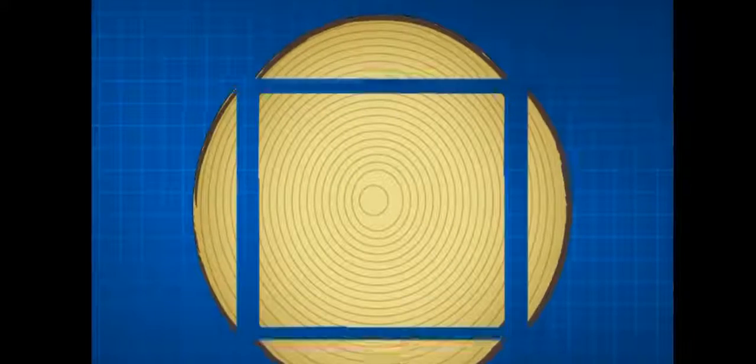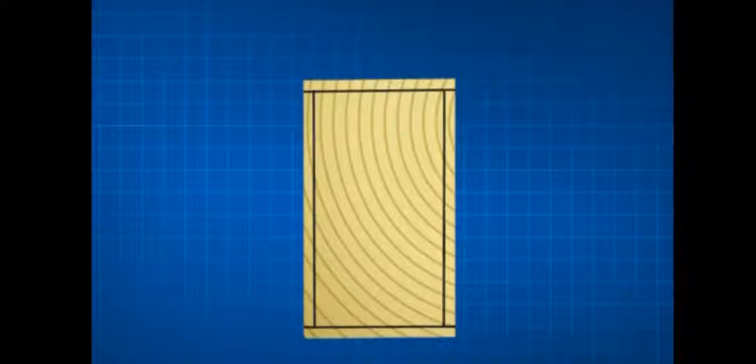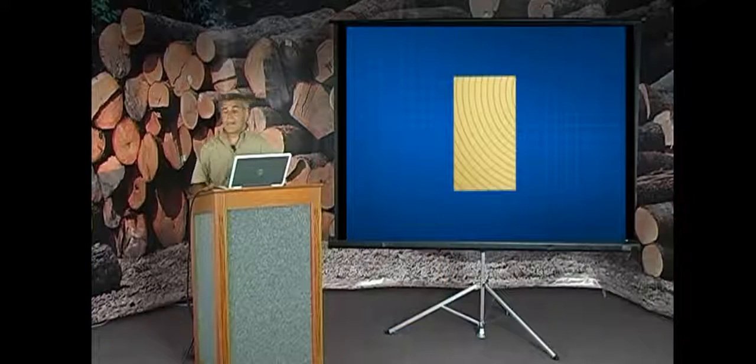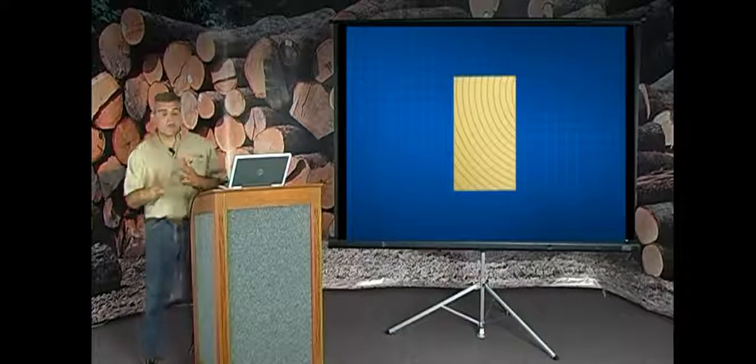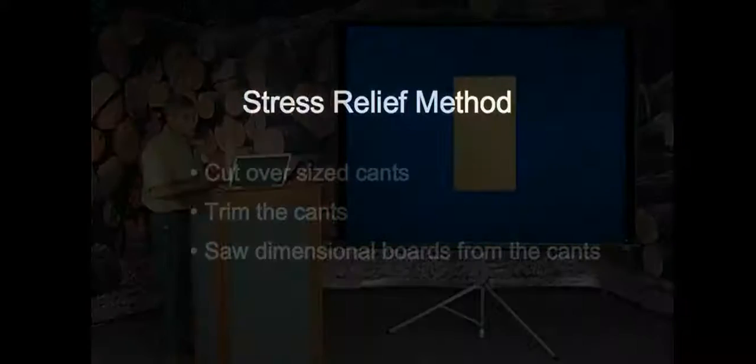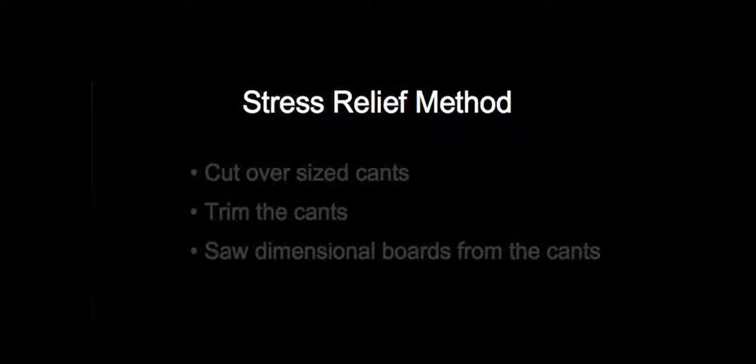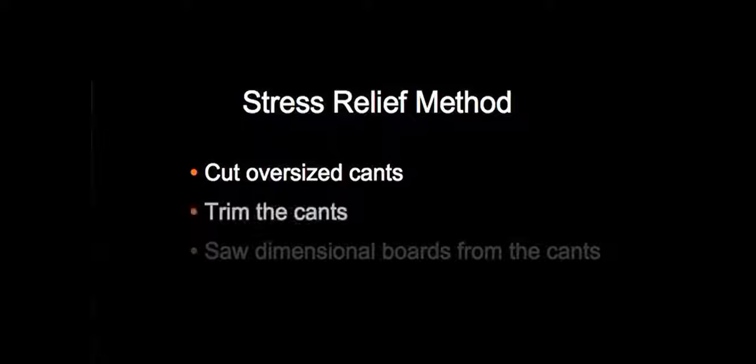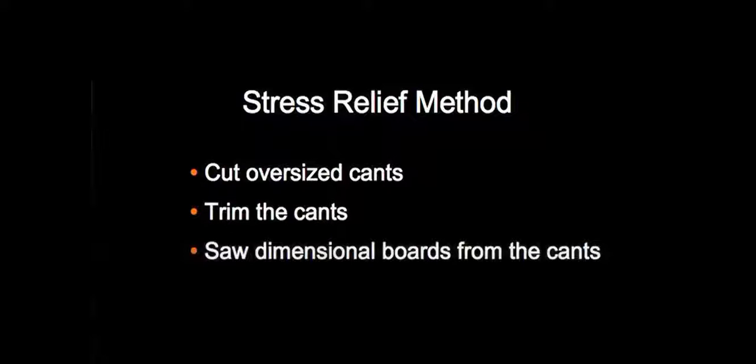But there's other times when you cut it into multiple cants, it seems to relieve the stress, and if you oversize it a little bit, you can trim it back down to the dimension you're looking for and get along just fine because the stress has been relieved. In this stress relief method, there's some rules: cutting oversized cants, trim the cants, then saw your boards.